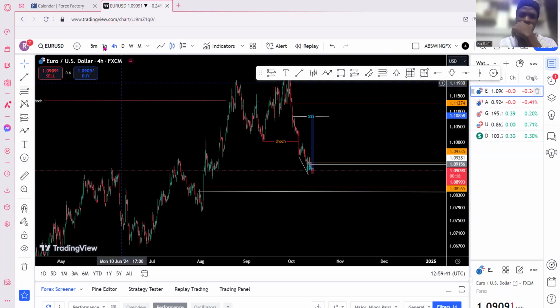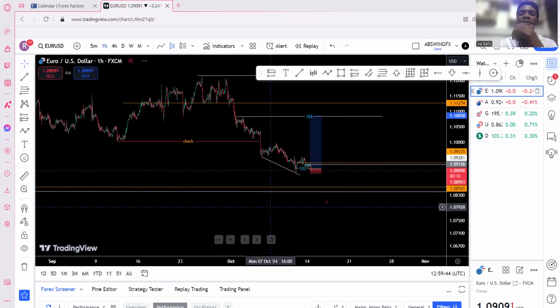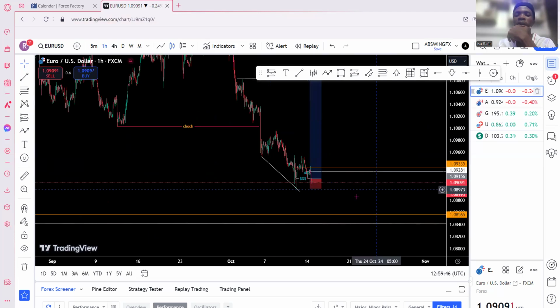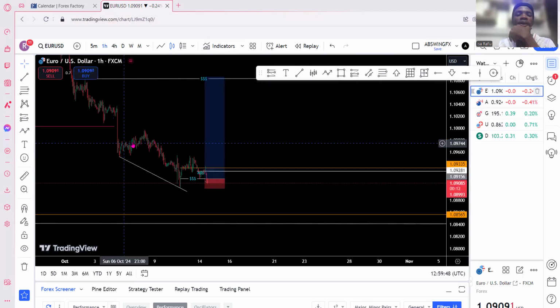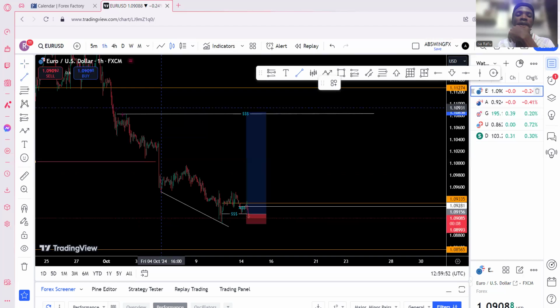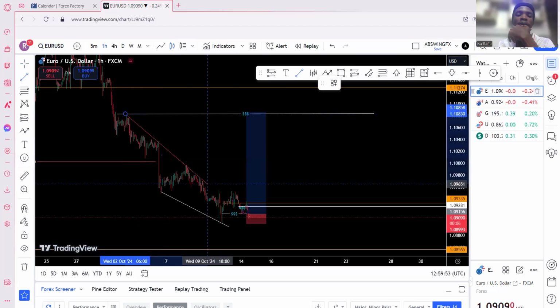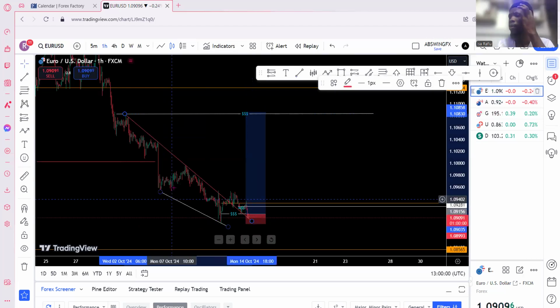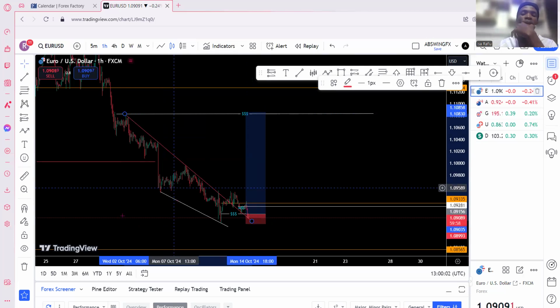Now, let's go to our time frame. We can see we have this pattern, a reversal pattern here. A triangle.